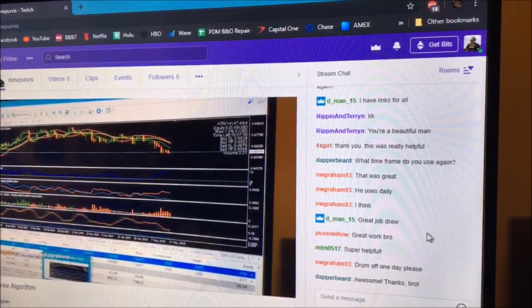Again, I've been testing this only live this past week, and so far I've got 3 trades that have already hit take profit. I have 1 that is in less than 10 pips profit. This thing has not moved hardly at all. That's the one that I took just now, so we'll see how that goes.